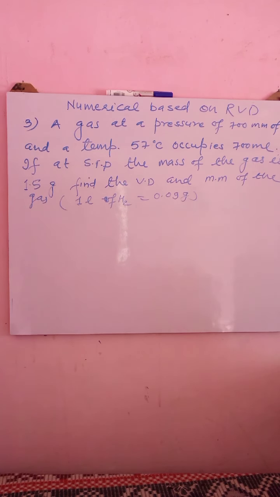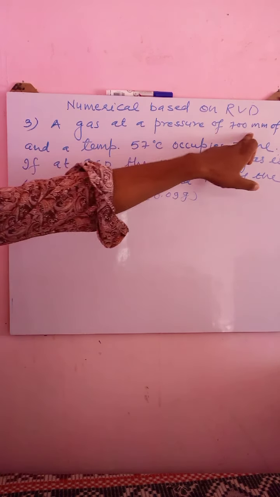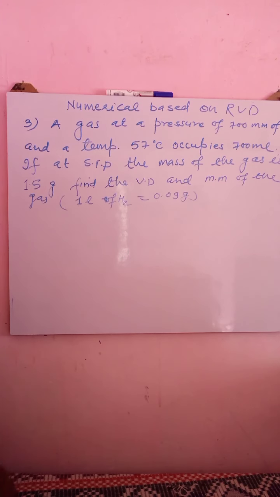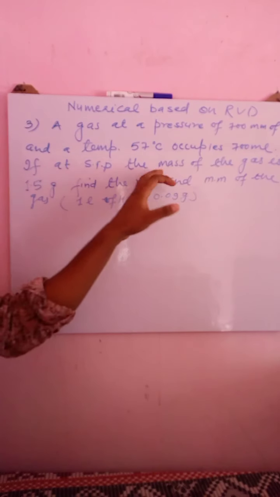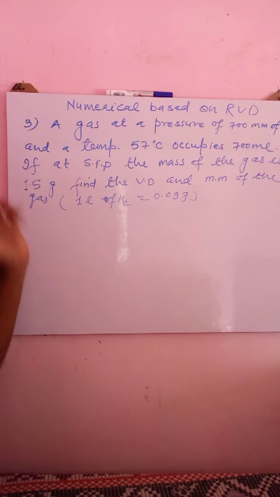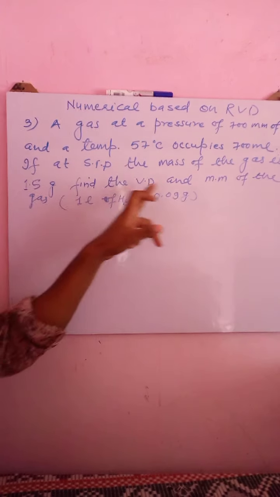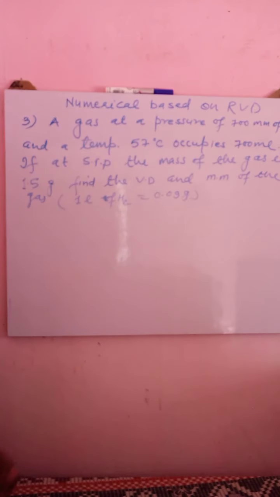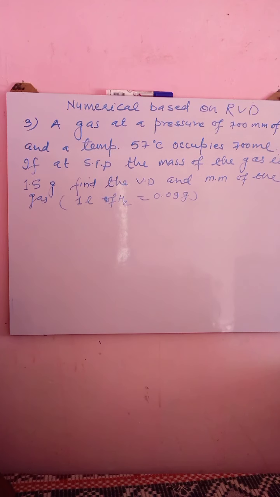See, a gas at a pressure of 700 mm of Hg and a temperature of 57 degrees Celsius occupies 700 ml. If at STP the mass of the gas is 1.5 gram, find the VD and the molecular mass of the gas. Given 1 liter of H2 is 0.09 gram.